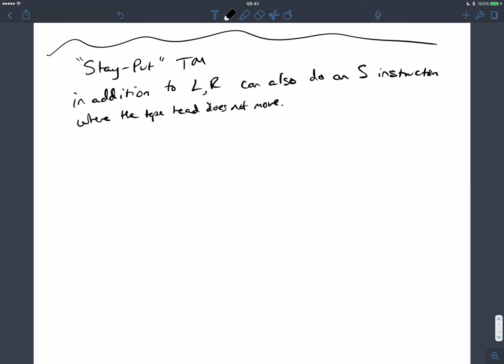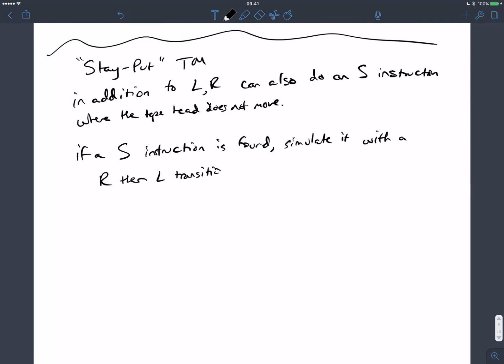No. So if an S instruction is found, simulate it with a right, then left transition without changing the tape.